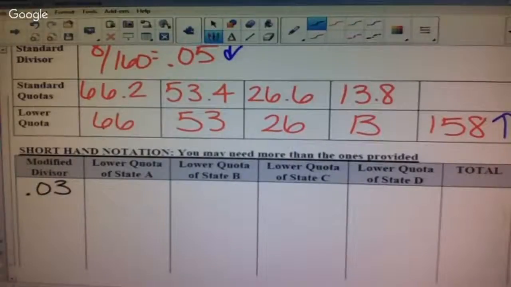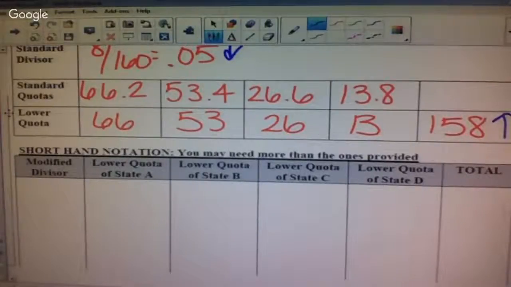Woo! We went from 66 to 110. I'd stop right there. I wouldn't even continue on anymore. So we went way too low. So it needs to go up. So give me something other than 0.03. We went way too far down.